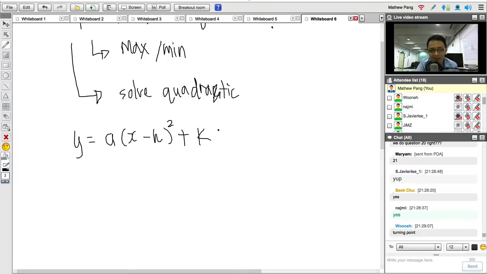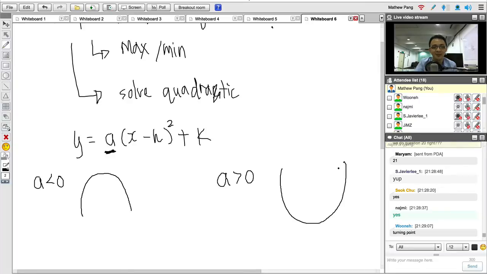In completing the square, the a decides the shape of the quadratic graph. If a is negative, I would say a less than 0, your graph will look like this. If a is positive, meaning bigger than 0, your graph will look like this.